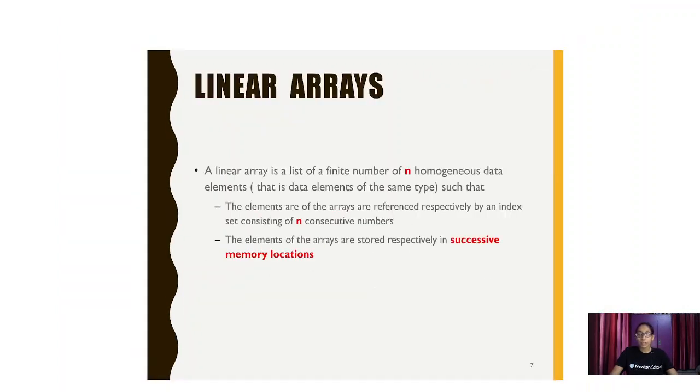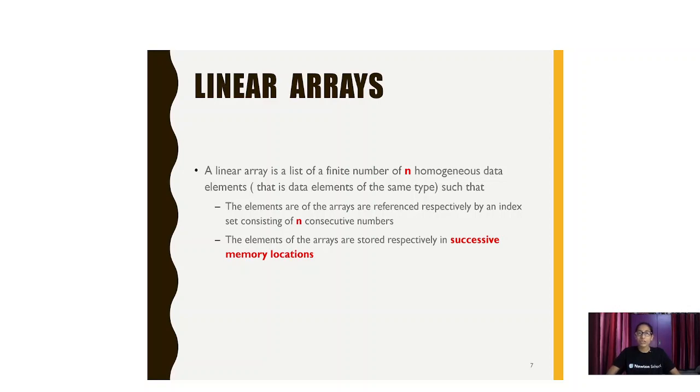As we read about arrays earlier, a data structure is a way of organizing and storing data so that it can be accessed more efficiently. It is a relationship between the data and the operations performed on it. A linear array is similar to that.